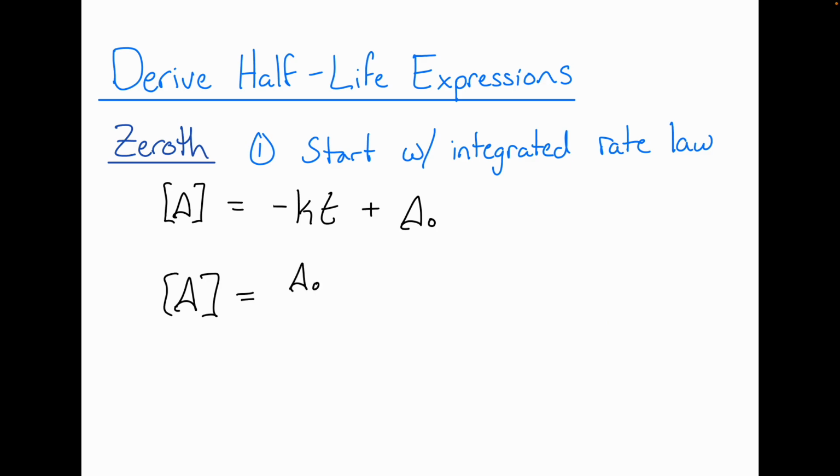A naught over 2. Boom. That is 1/2 its initial value, right? Cool. So we're going to take our integrated rate law and plug in A naught over 2 for that concentration of A.